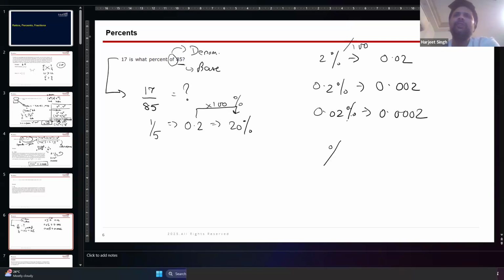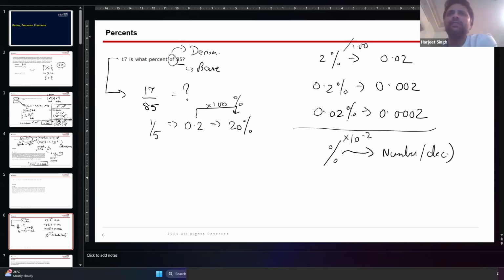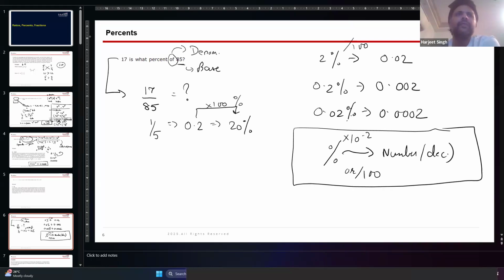So when converting from a percentage to a decimal, you multiply by 10 to the power minus 2, which is nothing but dividing by 100. So conversion from decimal to percentage and percentage to decimal is just the opposite, flipping.